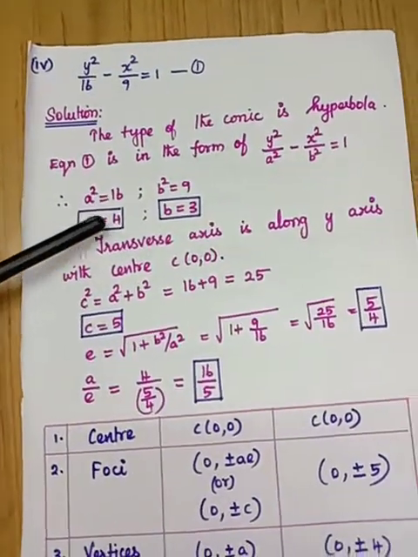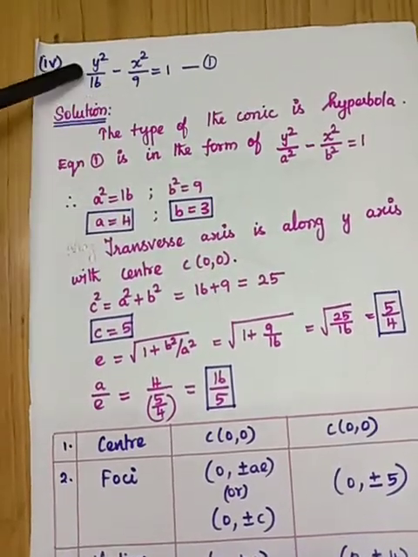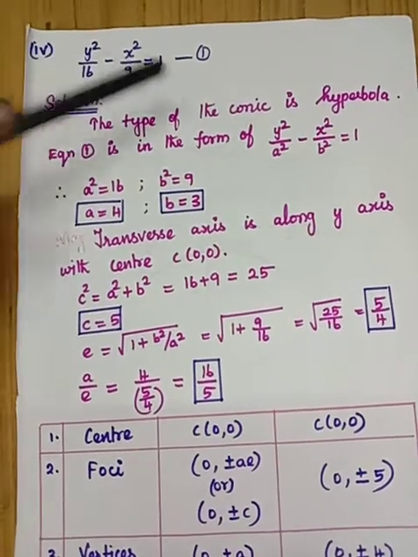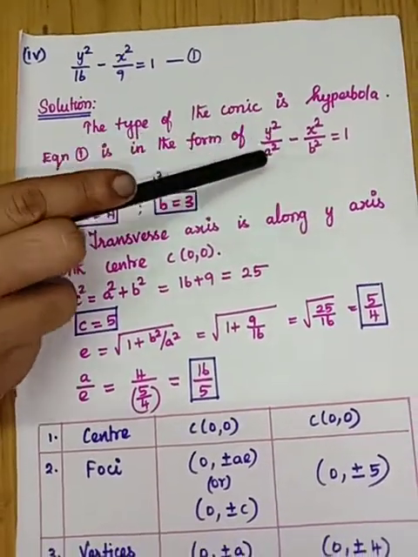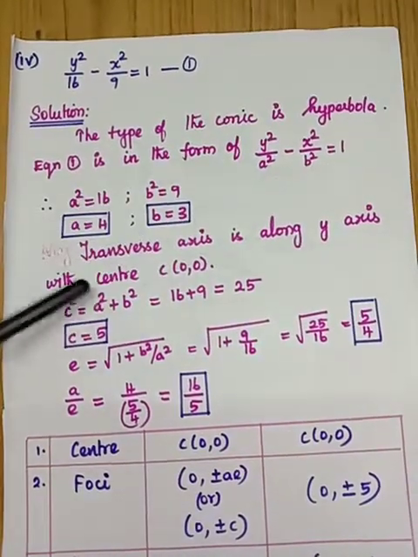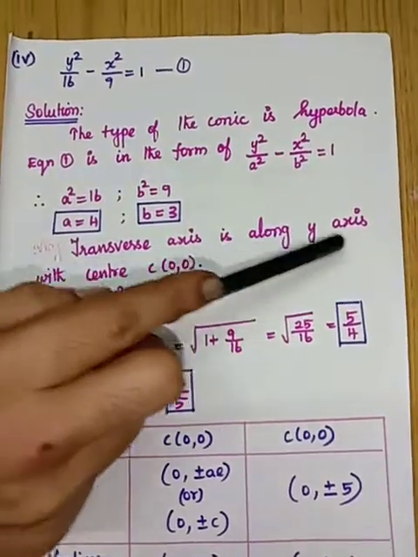From this a is equal to 4 and b is equal to 3. Look at this equation, it starts with y squared. So it is in the form y squared by a squared minus x squared by b squared is equal to 1. So the transverse axis is along the y-axis.